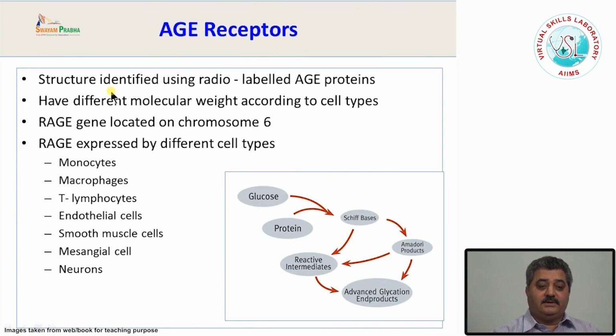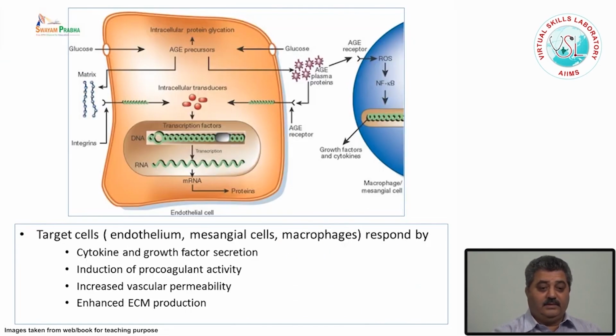The AGE receptors are on many cells, but monocytes, macrophages, T cells, endothelial cells, smooth muscle cells, mesangial cells and neurons are the ones which are rich in these receptors. So, these AGE products go and attach there, cause activation of these tissues and ultimately lead to the complication.